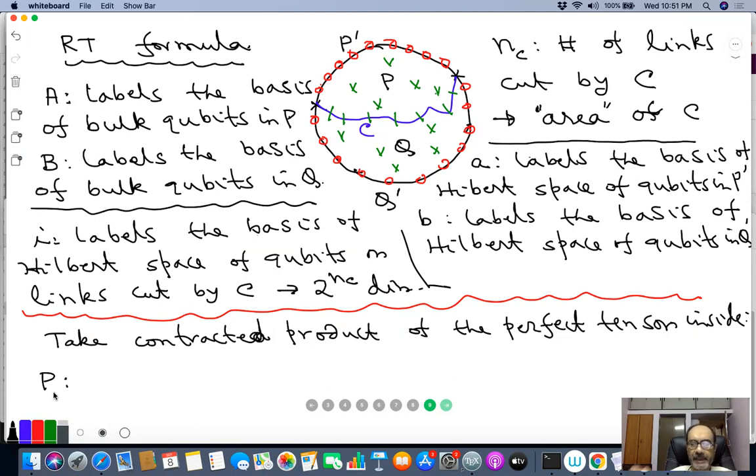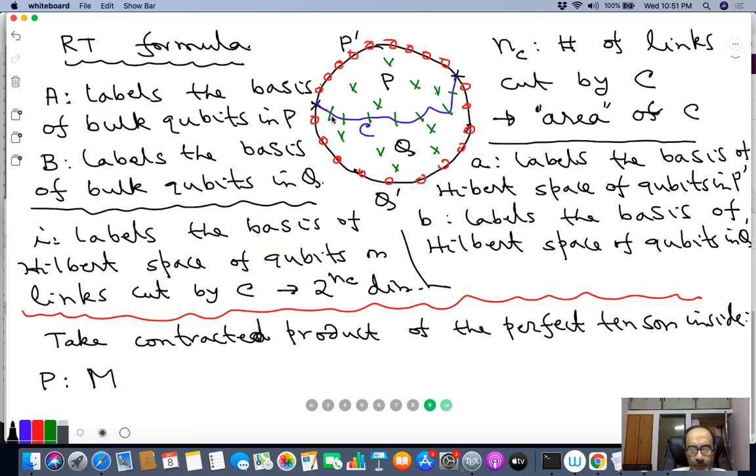That means P has many perfect tensors inside, right? One associated with every bulk vertex. All internal links are contracted. So what are the free indices? The free indices will be, let me write this matrix.